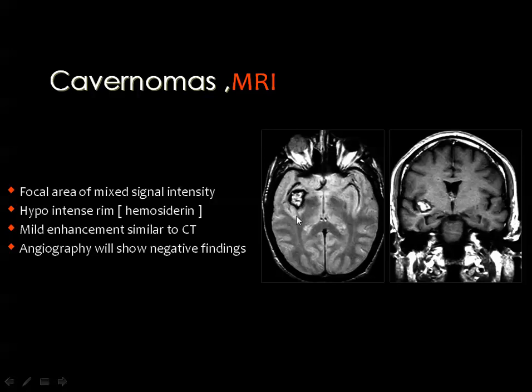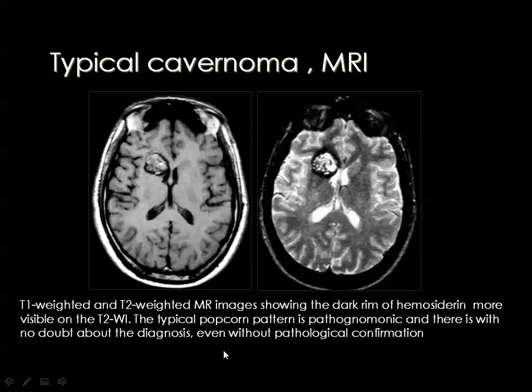And a very characteristic hypointense rim of hemosiderin is usually surrounding this lesion. And like the CT, mild enhancement occurs after contrast injection. And very importantly, if you do an angiogram, you will not show the lesion because there is no actual flow inside this lesion.